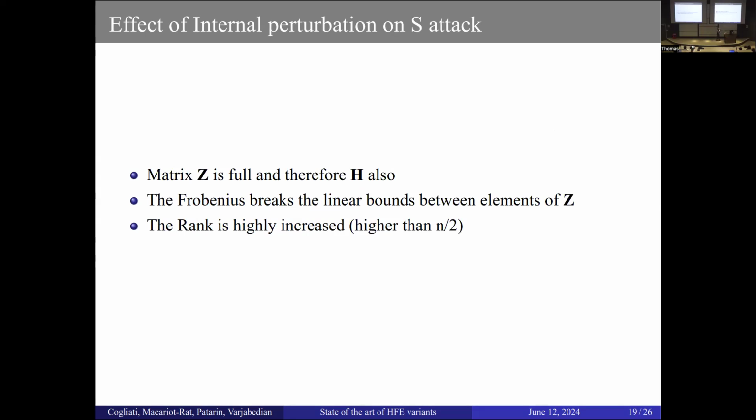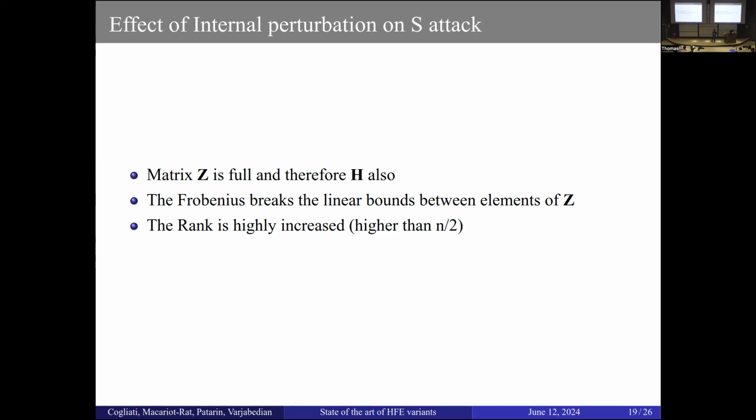On the other hand, the attack on S is quite changed, as the matrix Z is full, so H will become full also, and the Frobenius will now break all of the linear bounds that were on the matrix Z. So the rank is highly increased.